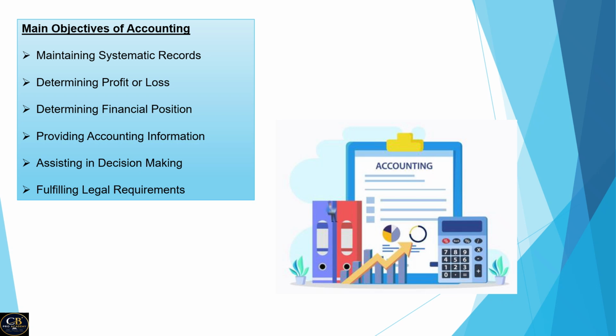Number four, providing accounting information. Number five, assisting in decision making. Number six, fulfilling legal requirements. Okay. Now in the next slides, we are going to learn these objectives in detail with examples. Okay, let's move.